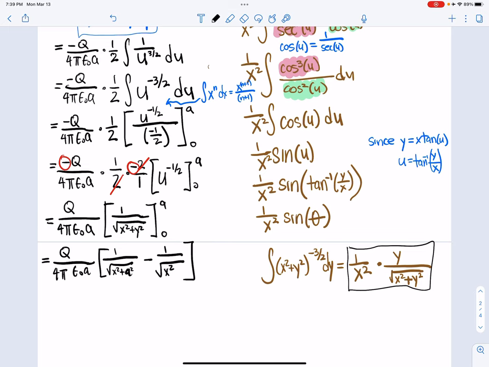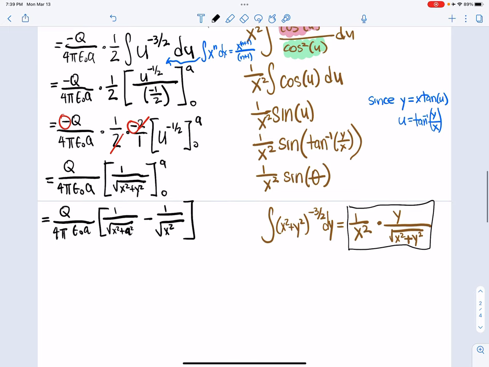Okay? And I can simplify that more because that becomes q over 4 pi epsilon naught times a times 1 over square root of x squared plus a squared minus 1 over x.